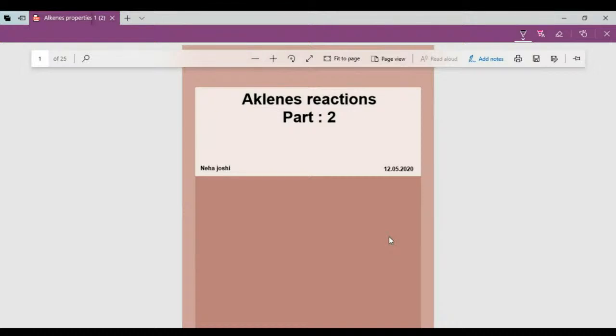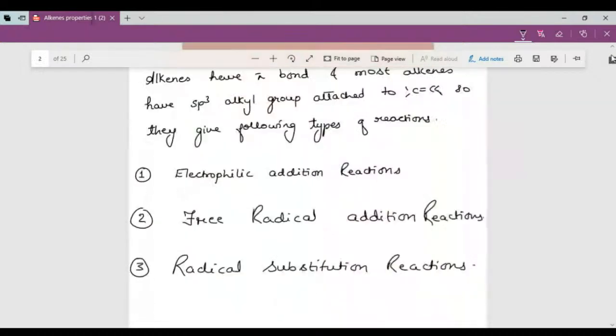So today, let me first tell you in brief what we have already done. Alkenes have pi bonds, and due to this type of pi bond, they have loosely held pi electron clouds.